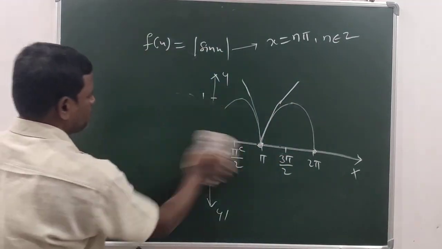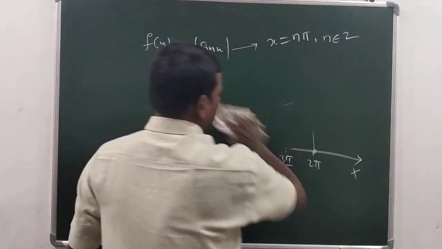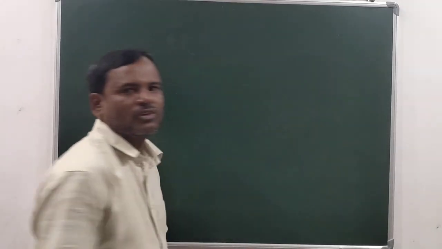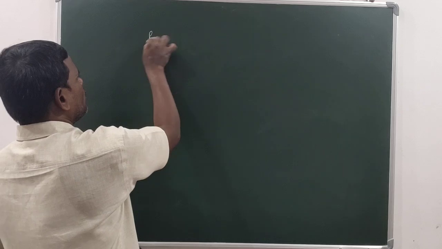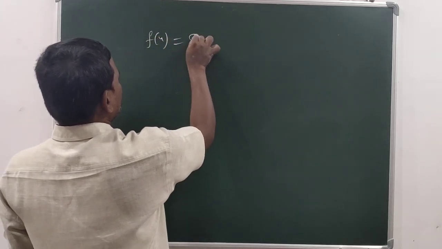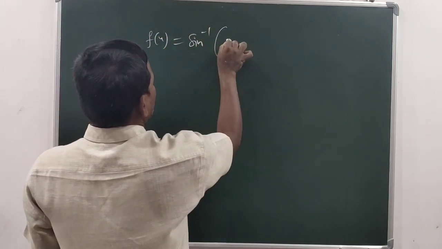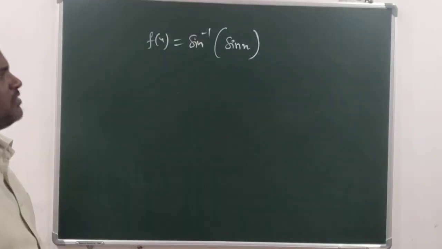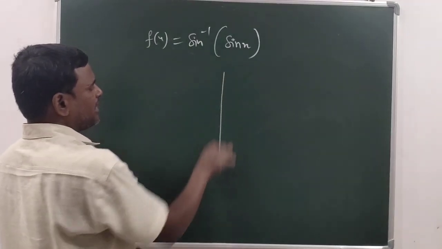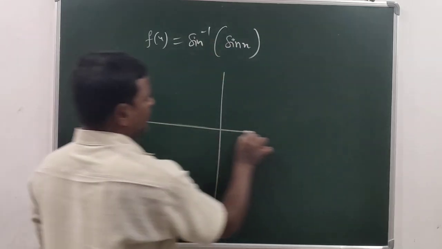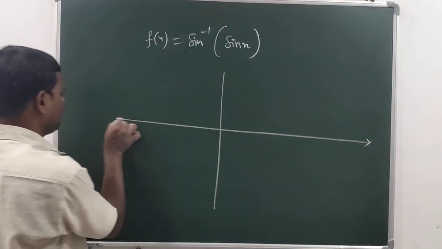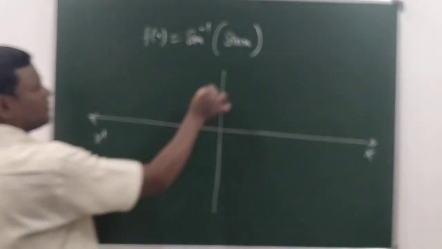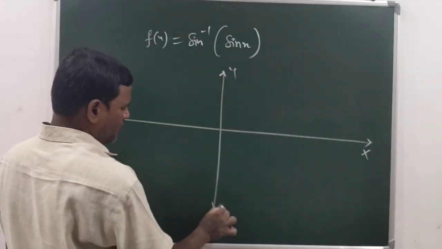See, for example, this function. This is also well known to you. F of x equal to sin inverse of sin x. See the graph of that function. It is a periodic function which you learnt in inverse trigonometric functions. See, x dash and y dash.